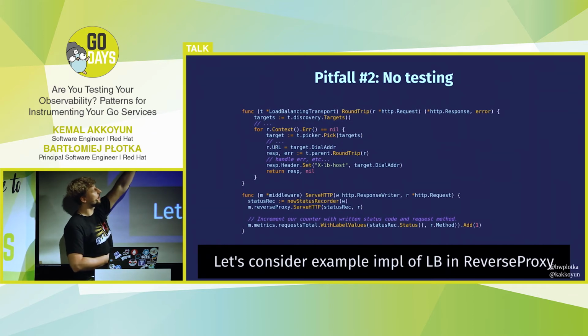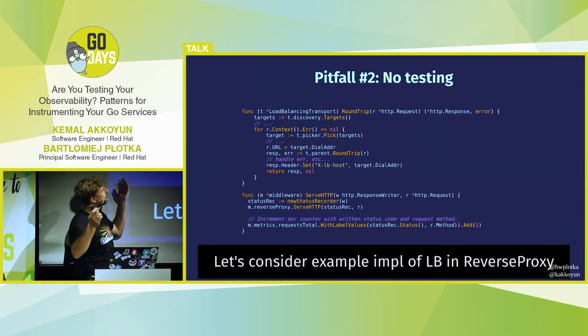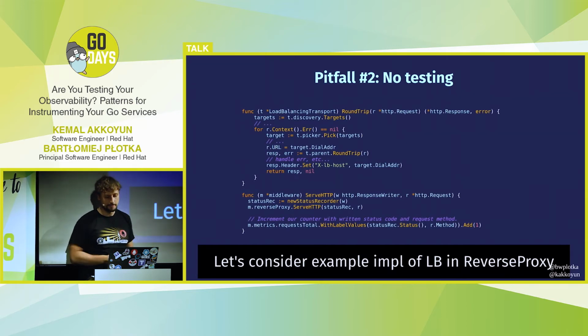And just at the end, we are marking what address was actually chosen in some header, just for testing purposes, for example. And then in our server endpoint wrapper, the reverse proxy is invoked, and we record the status and increment our metric. So this is our logic of the load balancer, let's say.